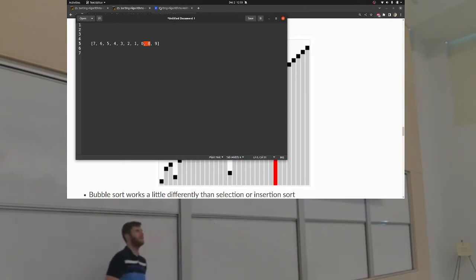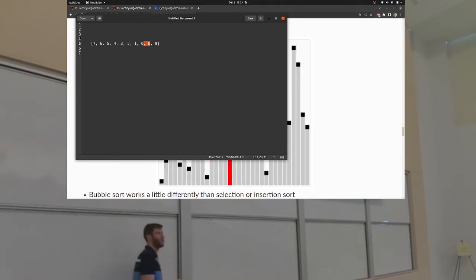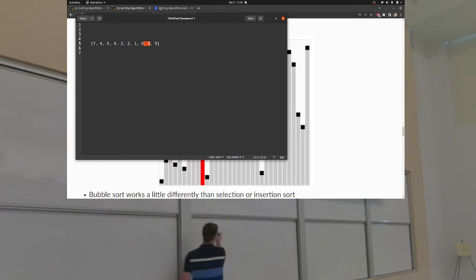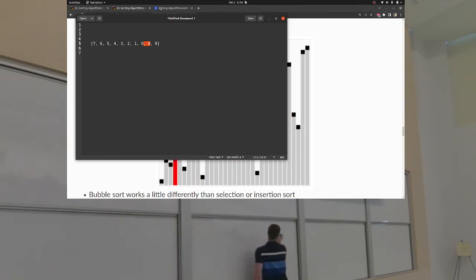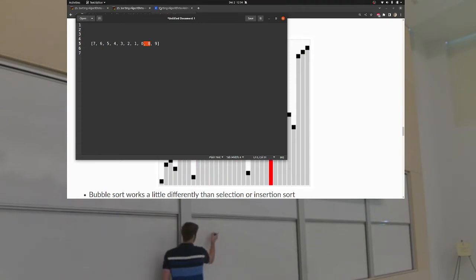Next time I do a pass, how many comparisons do I actually have to do? N minus 2, because there's no need to look at that last thing, because we know where it belongs. 0, 1, 2.